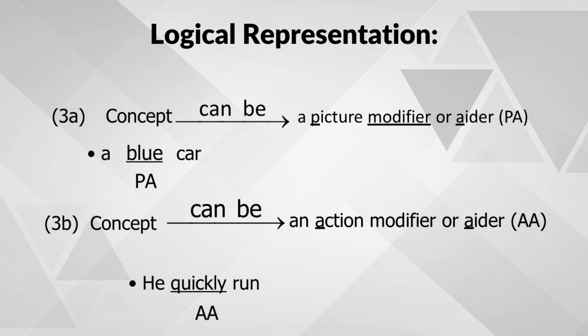In the second example, the phrase "he quickly ran" is associated with an action modifier or adder. This indicates that the understanding of the action described, ran, can be improved or clarified by an additional element, which in this case is an adverb like quickly, that modifies the action, providing more detail about how the action was performed.